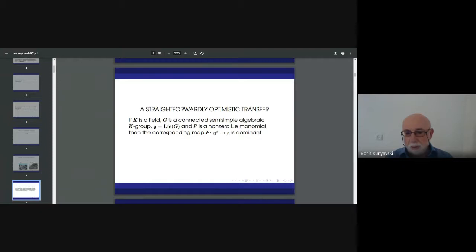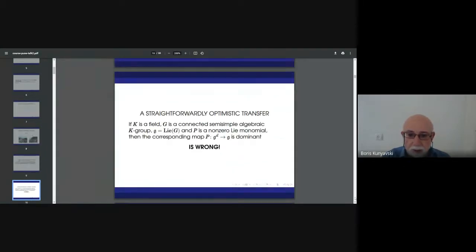So if you have, say, a polynomial [x, y] + [y, x], it is identically zero. We would want to say that the corresponding map is dominant, as in the case of algebraic groups, but this statement is wrong. It's totally wrong, I can say.